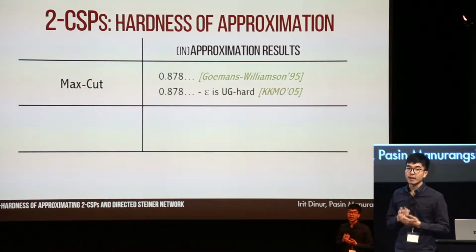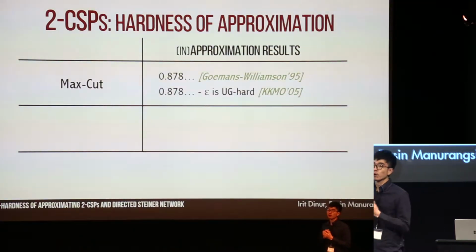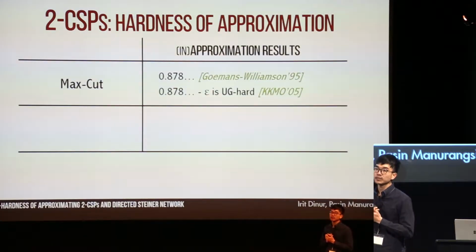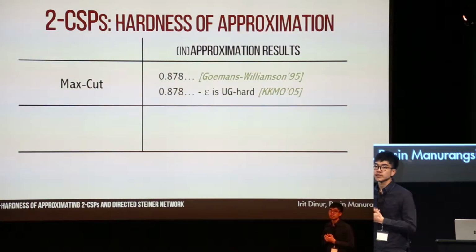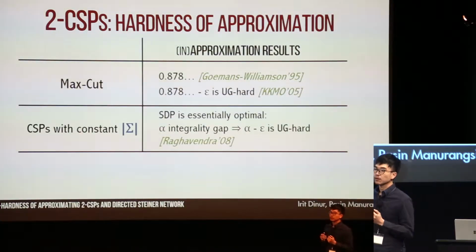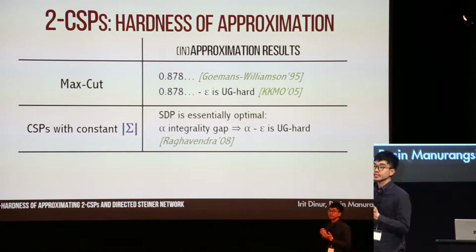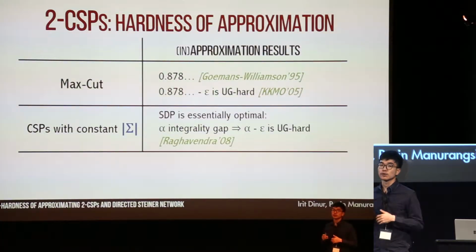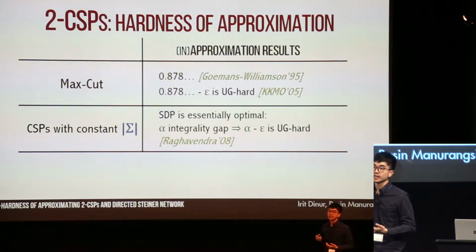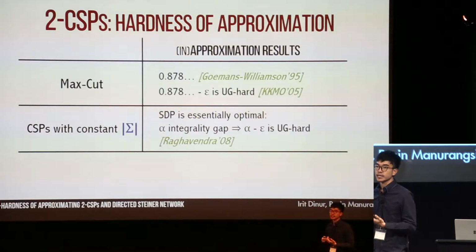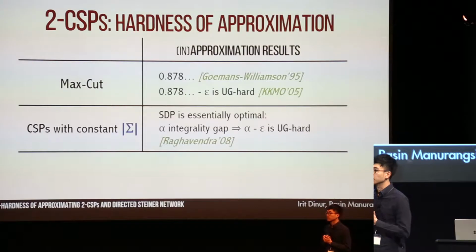For example, in the max cut case, we know the 0.878 approximation algorithm, and we know that this algorithm is basically tight, in that getting anything beyond this is unique games hard. In fact, this is roughly true for all CSPs with constant alphabets. For constant alphabet CSPs, the basic SDP actually gives us basically the best possible approximation ratio.